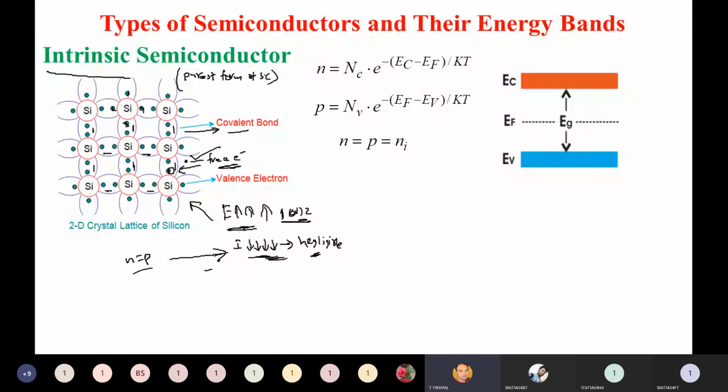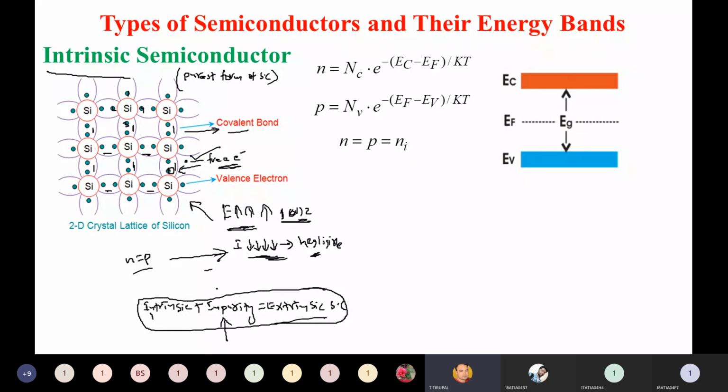Intrinsic plus impurity is equal to extrinsic semiconductor. Now let us study very important properties here. What is impurity? It is also called doping. Then it will become an extrinsic semiconductor.